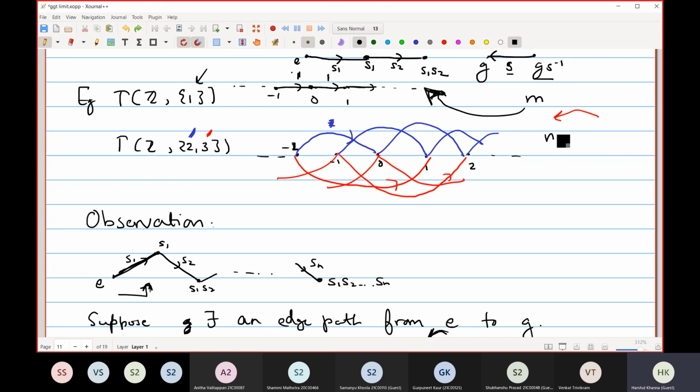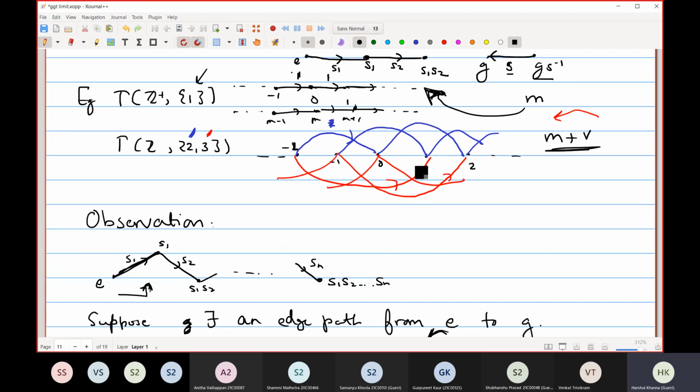Just a second, the group operation is plus actually. This is Z with a plus group operation. So M plus V. So all the vertices are translated by M. So suppose I draw the picture just here. So this will be M minus 1. This will be M. This will be M plus 1 and so on.